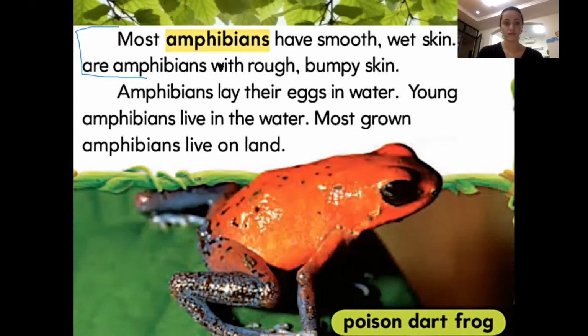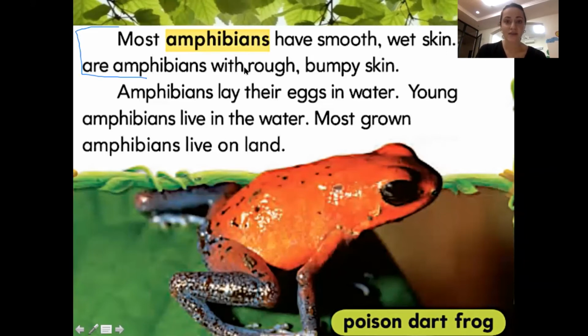Toads are amphibians with bumpy skin. Good. Rough, bumpy skin. Can you say that? Rough, bumpy skin. Very good. Thank you very much, Puppy. So most amphibians have smooth, wet skin like this frog down here.